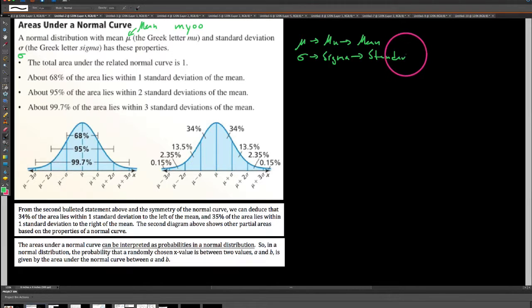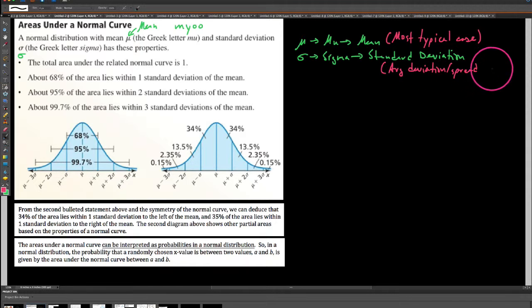You'll notice that they use mu and sigma to represent mean and standard deviation, I hope, because they just start with the same letters in the Roman alphabet, M and S. But when we look at the mean, we'd say this is the most typical case.